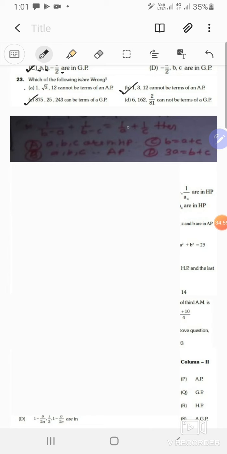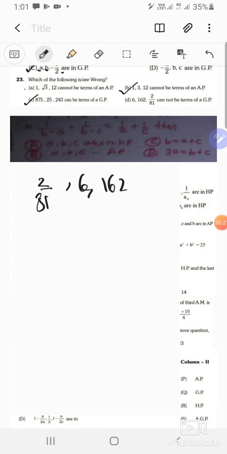Okay, this question is like 6, 162 and then 2 by 81 cannot be the terms of a GP. Let's see. So 6, 162 and 2 upon 81. The least of them is obviously 2 upon 81, so let's go in increasing order.